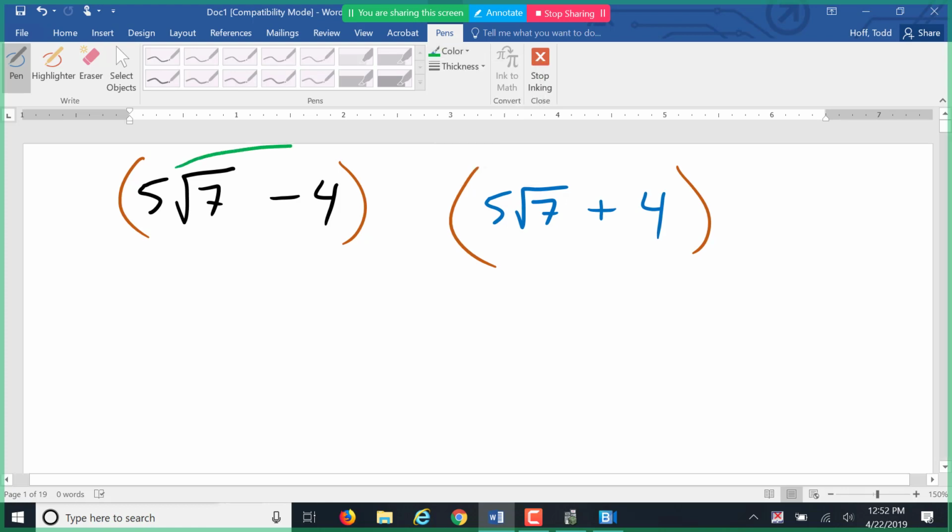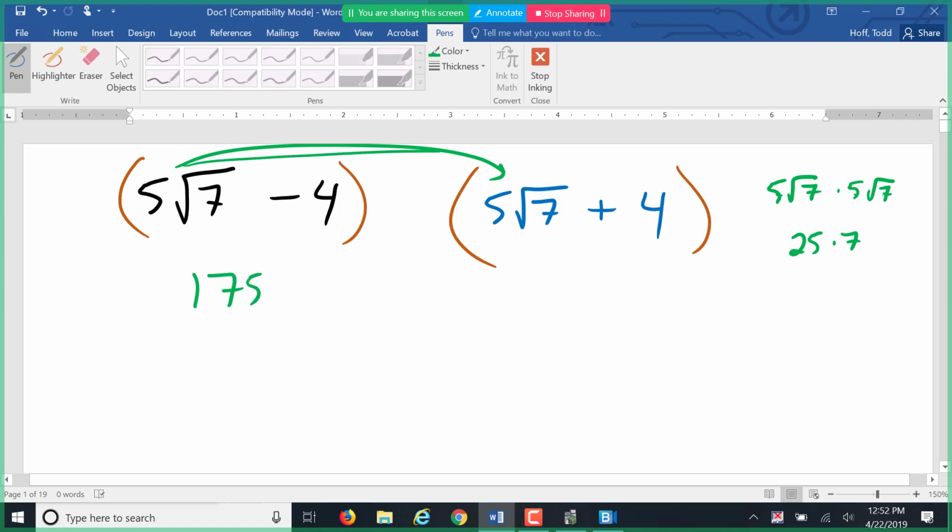5 square roots of 7 times 5 square roots of 7. Well, 5 times 5 is 25. Square root of 7 times the square root of 7 is just 7. That's 175. 5 square roots of 7 times 4. Well, 5 times 4 is 20. So that's positive 20 times the square root of 7.